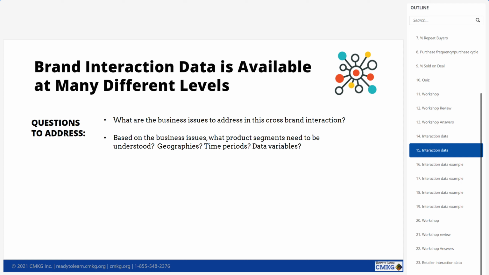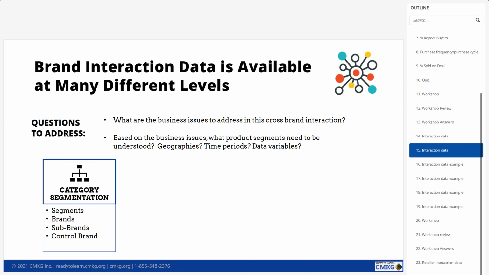To get the most out of the analysis, the key business issues need to be addressed. Interaction data is usually customizable by the purchaser of the data, and thought needs to go into the specifics behind the data purchase. There's flexibility in terms of the product lists included in the interaction data.